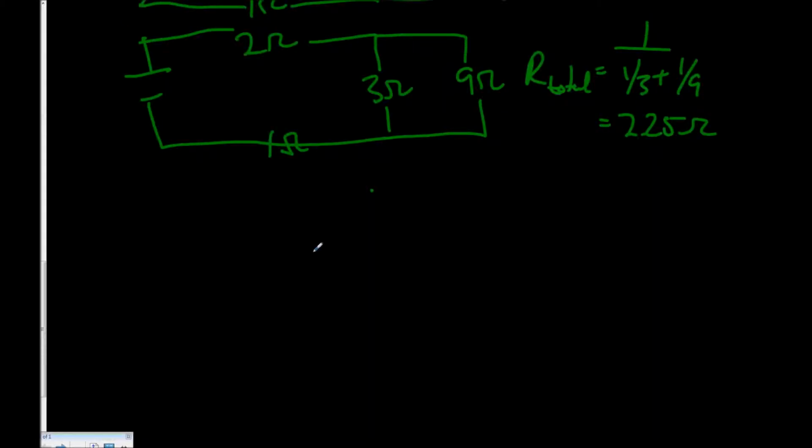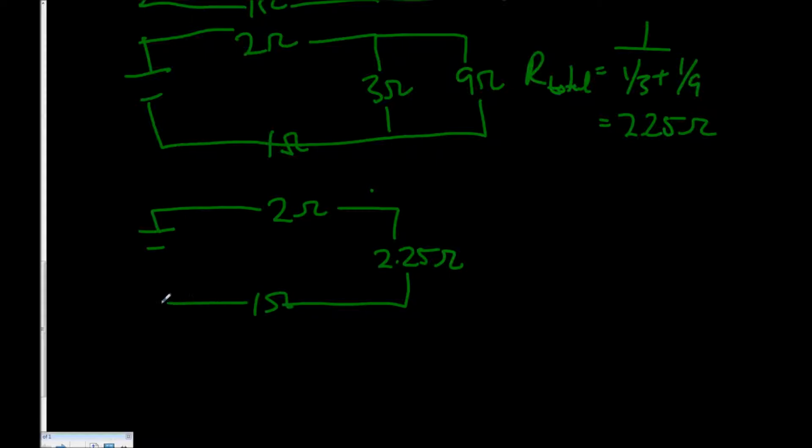Good. So the next step is to redraw it, our new understanding. Okay. Next step. All right, this now acts as just a series circuit. So 2 plus 2.25 plus 1, 5.25. Okay. That should do it.